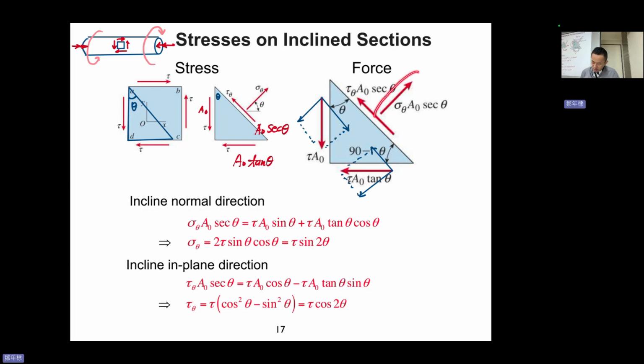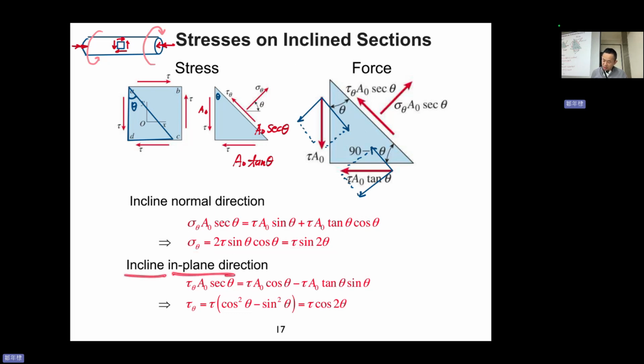the inclined normal direction is sigma theta A0 secant theta, this one, and tau A0 sine theta, and tau A0 tangent theta cosine theta. Okay, so three of them summing together need to be 0, and then sigma theta equals blah blah blah.